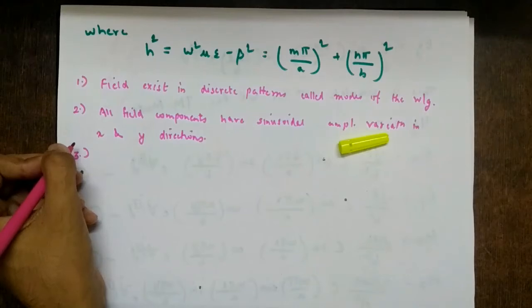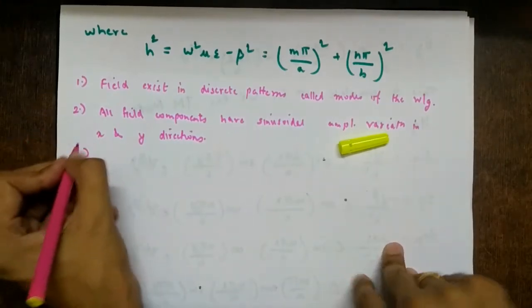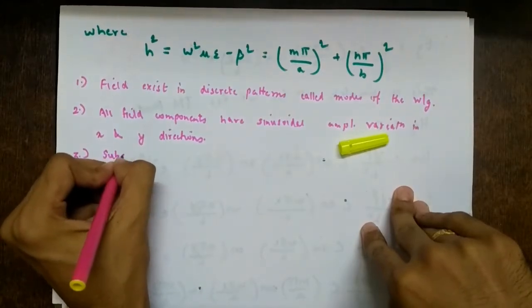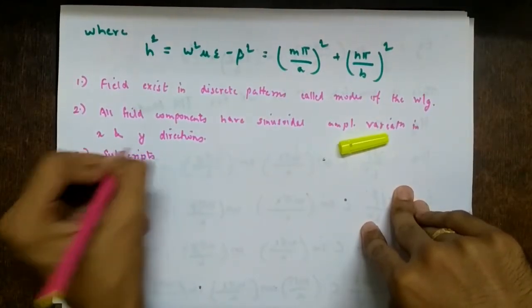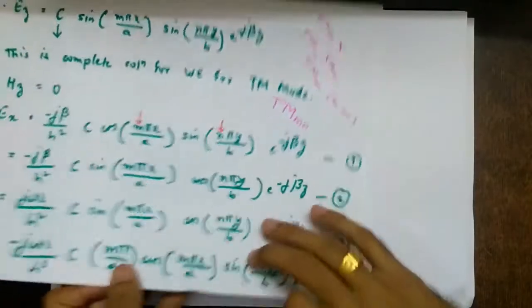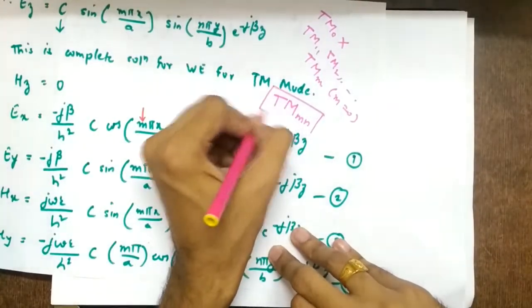Okay, next point, what do we see? Instead of one subscript, that is m, we have 2 subscripts, m and n, right? Why am I calling them subscripts? Because the mode is designated as TMmn mode. So these are subscripts m and n.